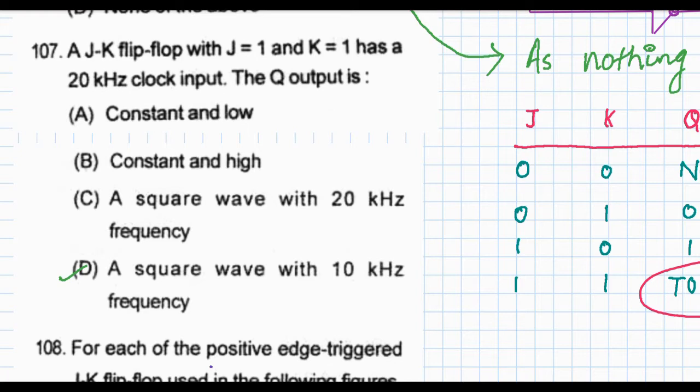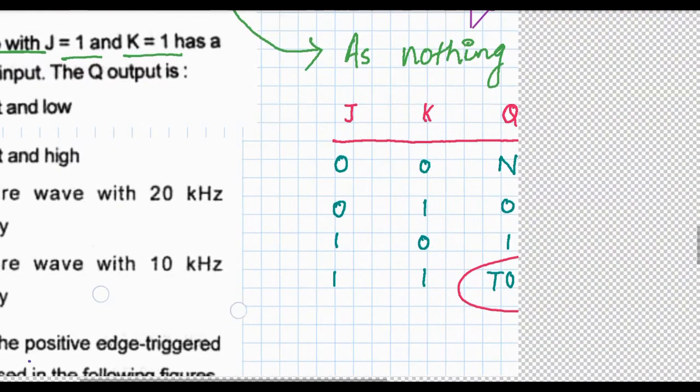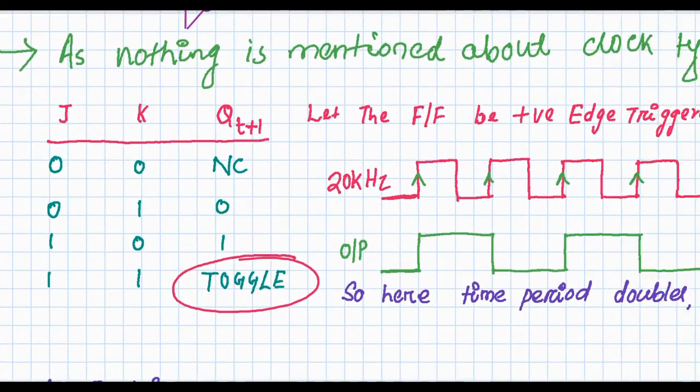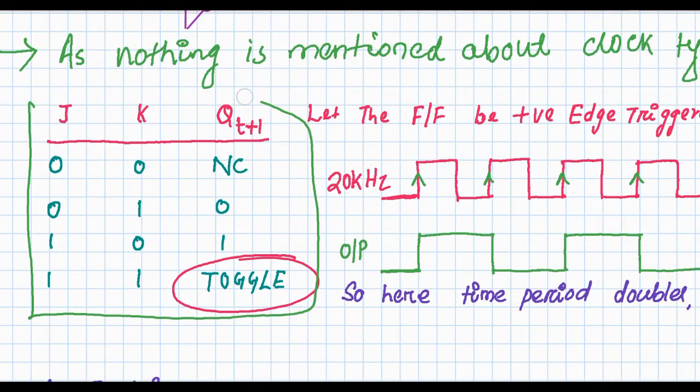Here it is given that it is a JK flip flop, and we first have to point out the characteristic table of that JK flip flop, given that J is 1 and K is 1. So here is the characteristic table of the JK flip flop. For J is 0 and K is 0, there is no change: Q(t+1) will be Q, the previous value. For J is 0 and K is 1, this will be 0, not depending upon the previous value.